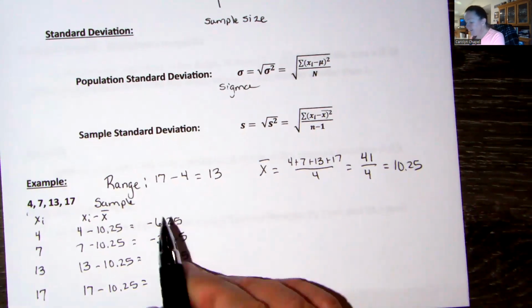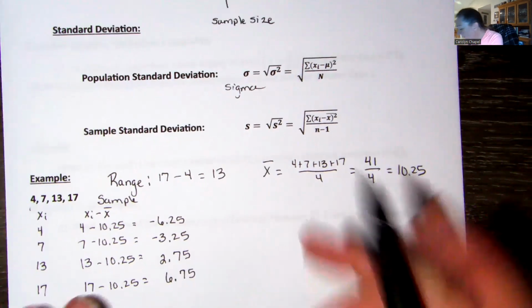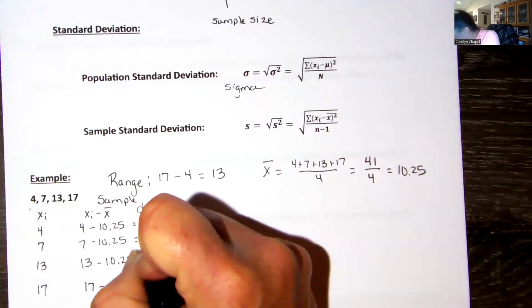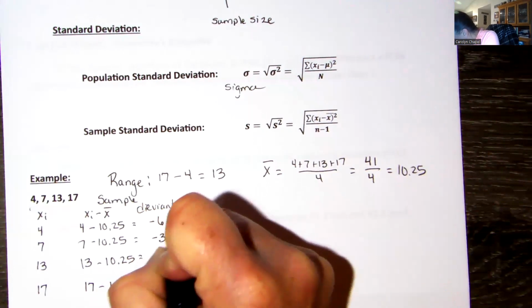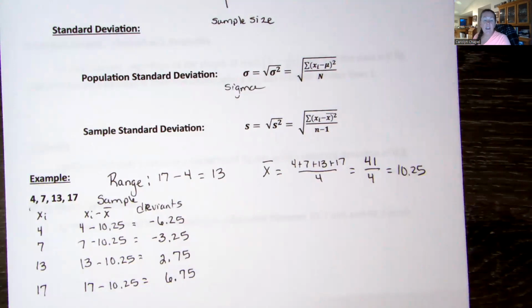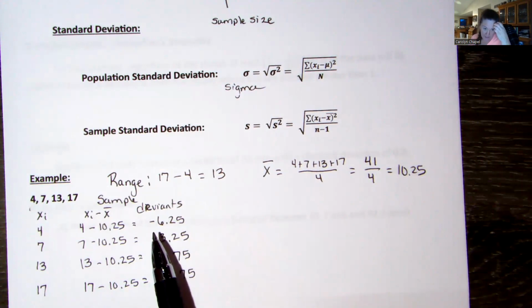Okay, these things do have a name. They're sometimes referred to as the deviance. It's telling us how far our data value deviates from the mean or differs from the mean. So for example, this 4 is 6.25 units, and since it's negative, smaller than our mean.